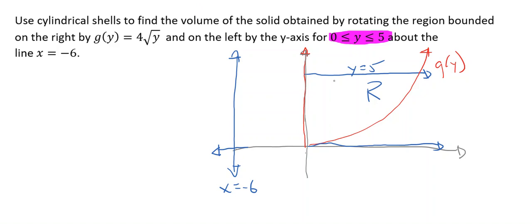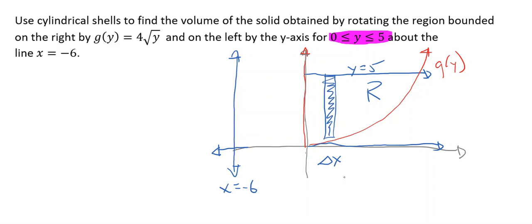So my little rectangle, because remember the rectangle has to be parallel to the axis of rotation, and we have a vertical axis of rotation. So I'm going to make a vertical rectangle in here. And the width of that rectangle is along the x-axis, delta x.